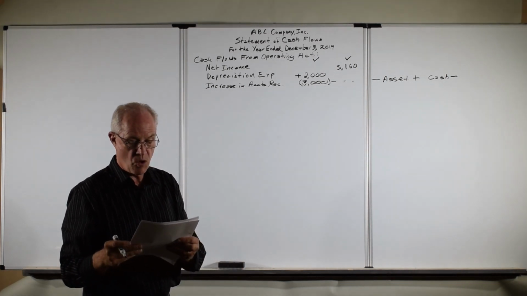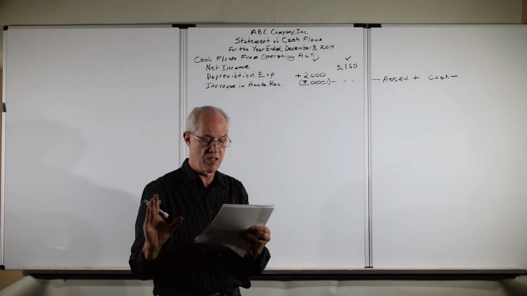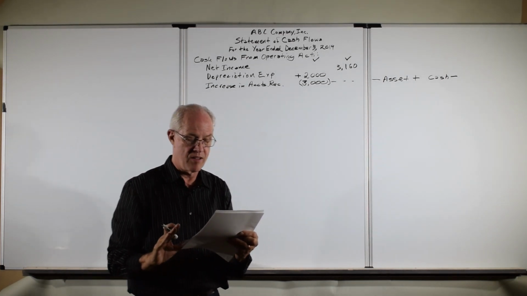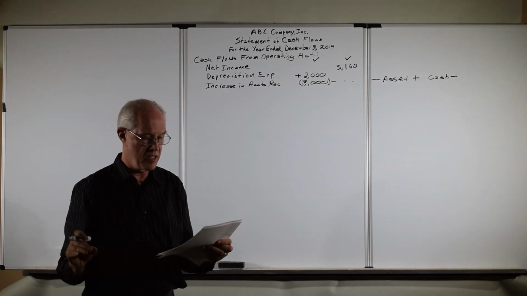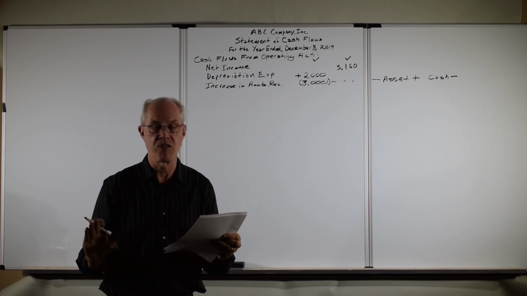The next is inventory. Inventory went from $15,000 down to $10,000. So they've sold off inventory. It's a decrease of $5,000.